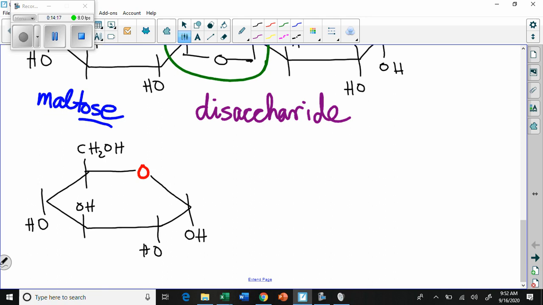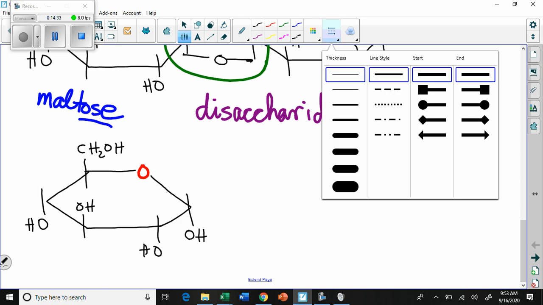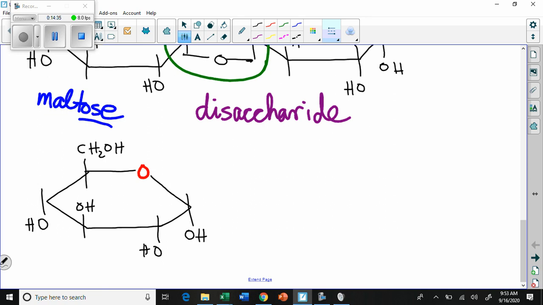Okay, so there's one. Now what we're going to do is we're going to draw, let's see. Actually, I've changed my mind. I just looked at the textbook. I like their example better. I was going to do a certain molecule because later we're going to learn about cellulose. But I just thought this one might be more fun because there's a cool biological sort of thing about it. So I'm going to erase this. And I'm going to flip this.